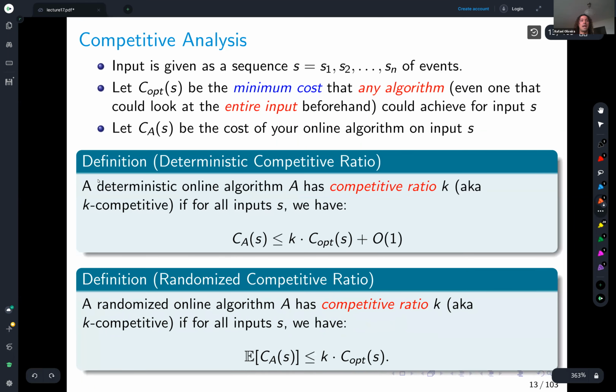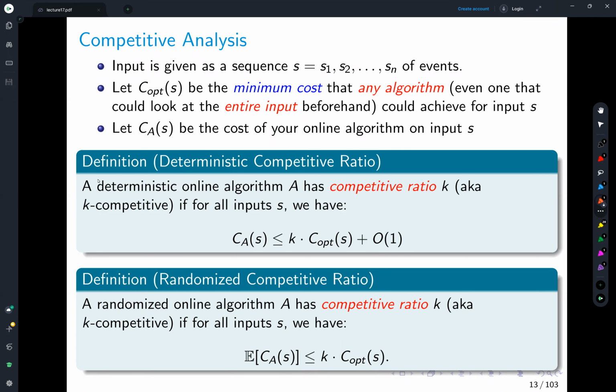Okay, and this constant here is for some technical reasons. Now, what if we want to use randomized algorithms? Then we say that a randomized online algorithm has competitive ratio K if for all inputs S, the expected cost of your algorithm A on input S is less than or equal to K times the cost of the optimum over S. Does that make sense?